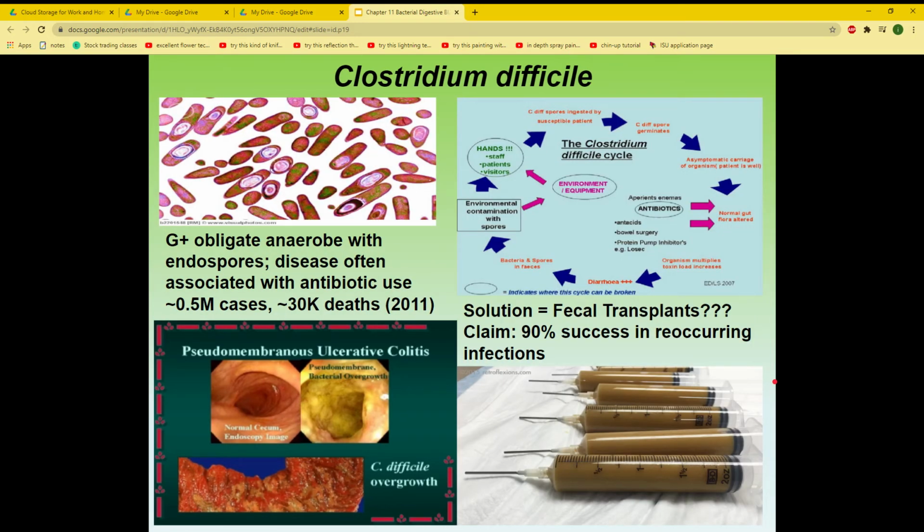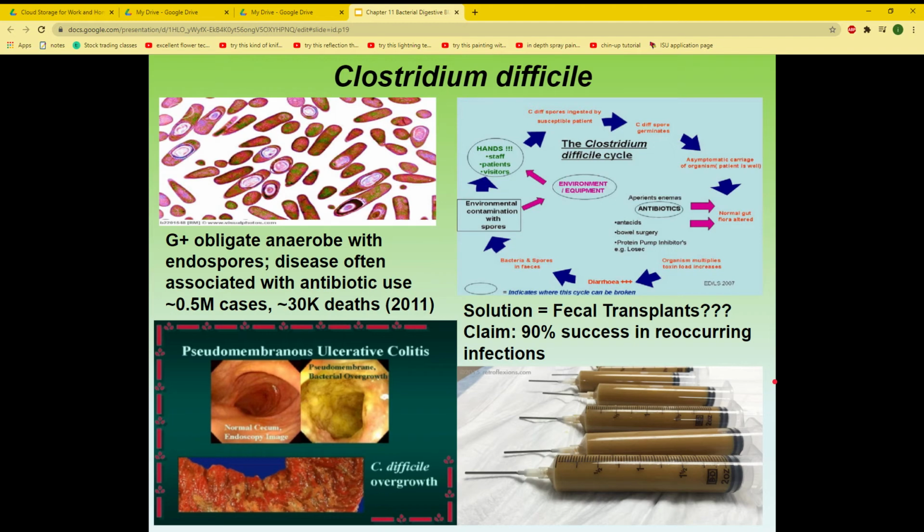So lastly, we have a bacterium that if you work in the hospital setting, you may be familiar with. This is something called Clostridium difficile. And Clostridium difficile is found in the gut, and it can produce extreme diarrhea and actually cause a range of colon issues and sort of ulcerative colitis and inflammation of the colon lining.